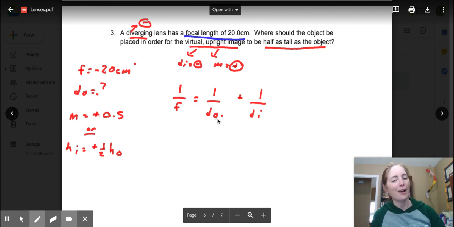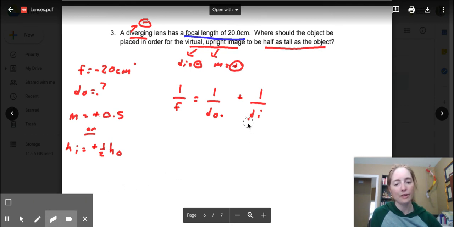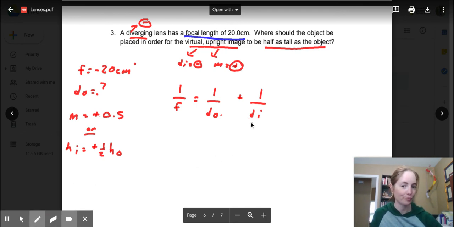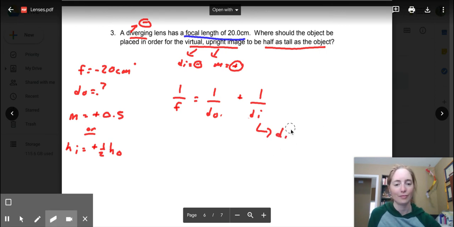Well, we're trying to find DO here, but we don't have DI. However, ladies and gentlemen, what we do have is the magnification. I can get my DI in a different manner via substitution. So my DI, erase.